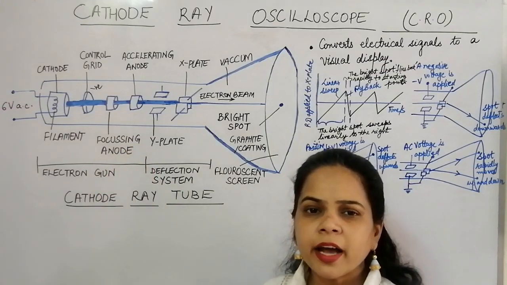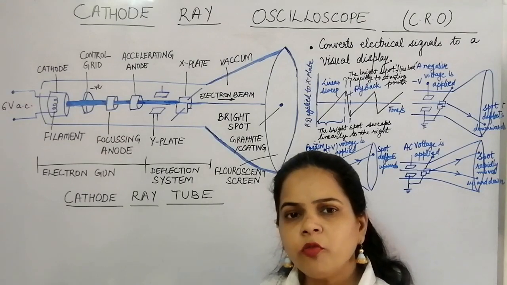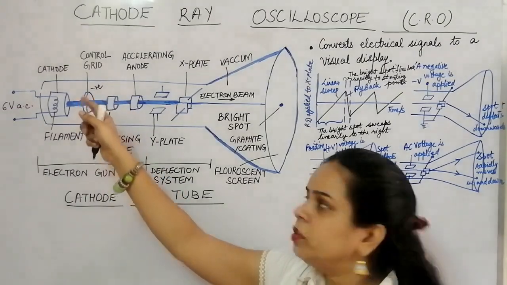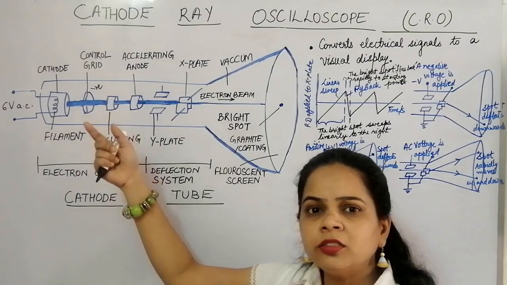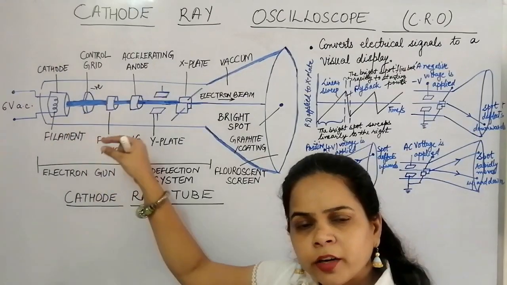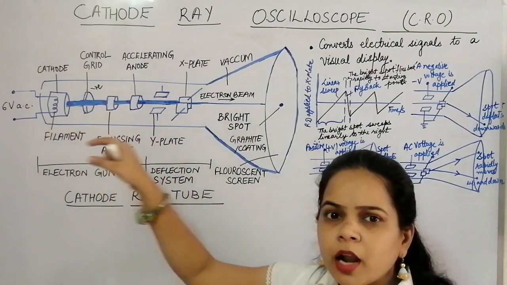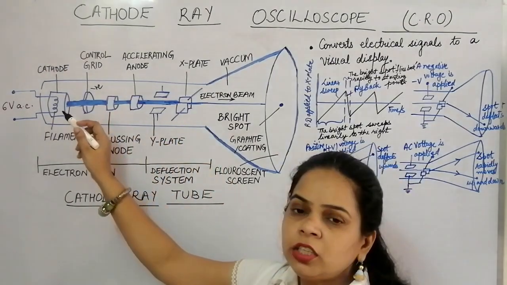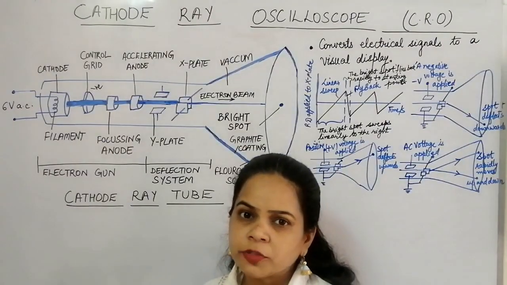So it is in our hands whether we want to increase or decrease the intensity of the electron beam. By increasing the negative voltage, the electron beam intensity will be reduced, because the electrons will be repelled and not allowed to move further. So we can control the intensity of the electron beam by using the control grid voltage.